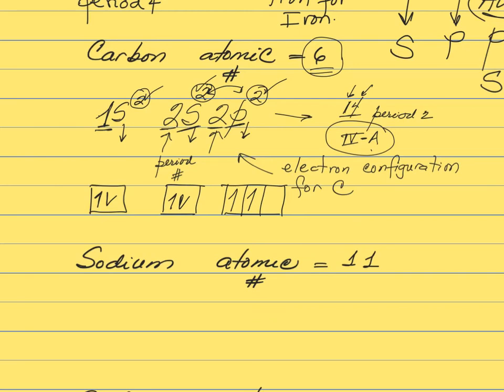It has to be like that. If you do this, this is incorrect. Those occupying the same energy level, you have to organize first the ones that are spinning in the same direction before you organize the ones that are spinning in the opposite direction. And this over here is the orbital diagram for carbon.